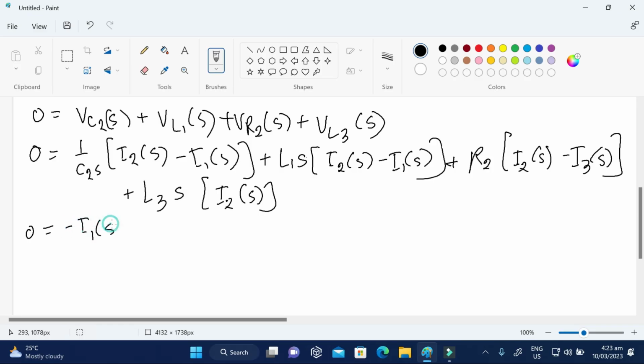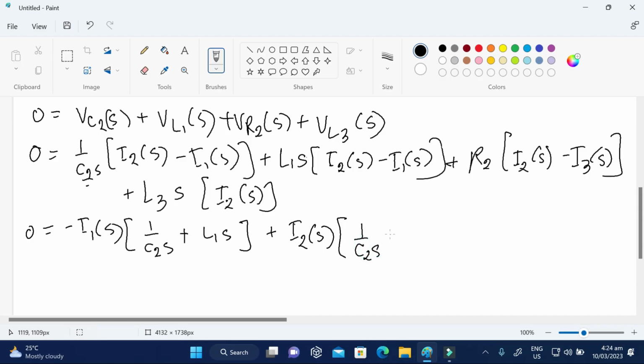factoring I1S, no? So, I1S, we have 1 over C2S plus L1S, no? Plus, for I2S, multiplied by, meron tayo 1 over C2S plus L1S plus R2, meron pa pala ito, plus L3S.